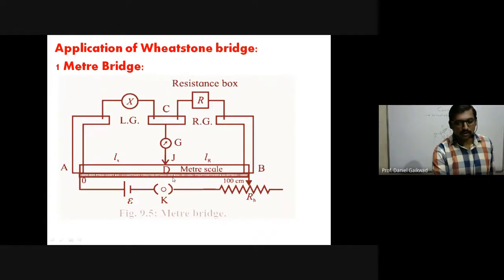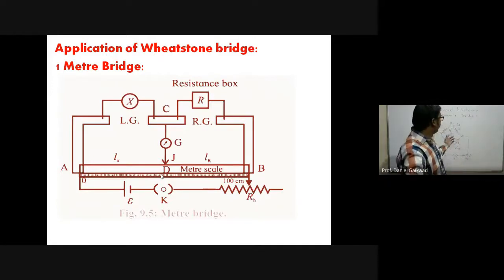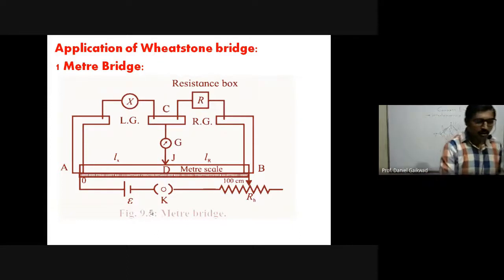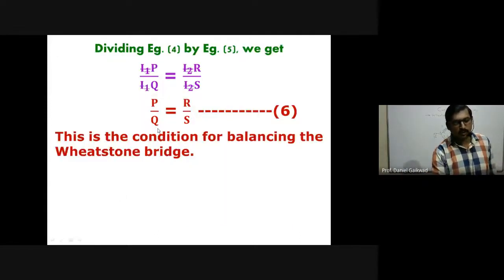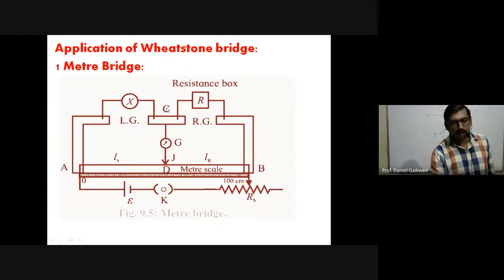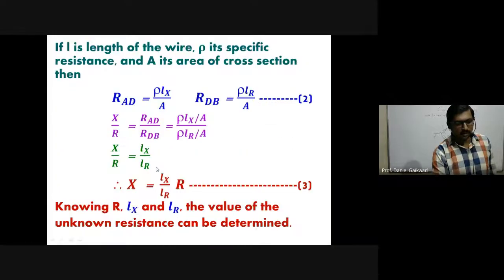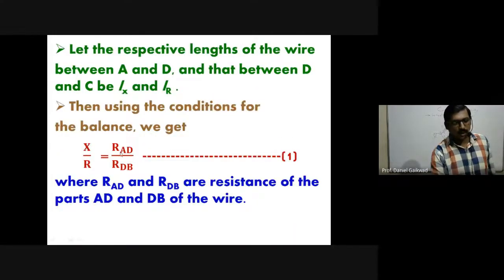These 4 resistances are equivalent to the Wheatstone bridge with P, Q, R and S. Similarly, we have 4 resistors, and we know the condition of the bridge as P divided by Q equals R divided by S. So this will be equivalent to X divided by R equals the resistance of Lx divided by that of Lr. So check this equation, X divided by R equals R_AD divided by R_DB, where R_AD and R_DB are the resistances of parts AD and DB of the wire.